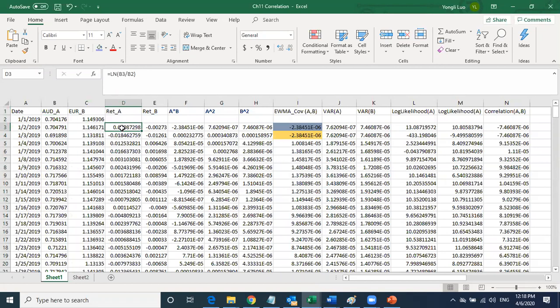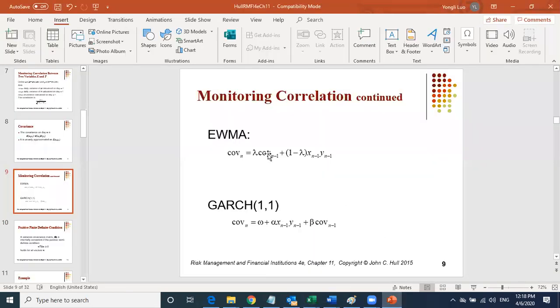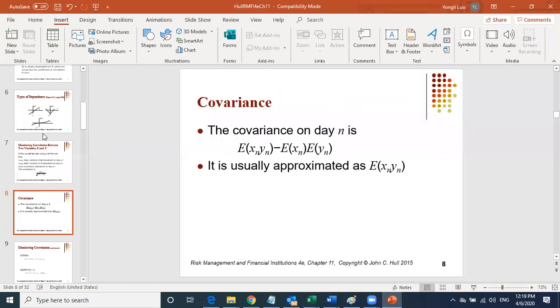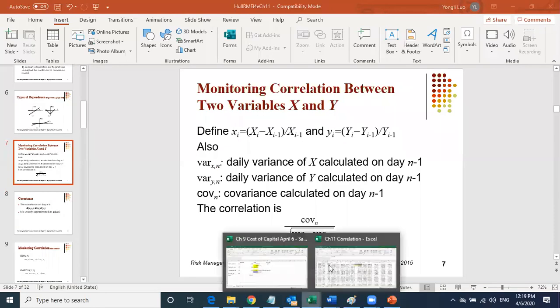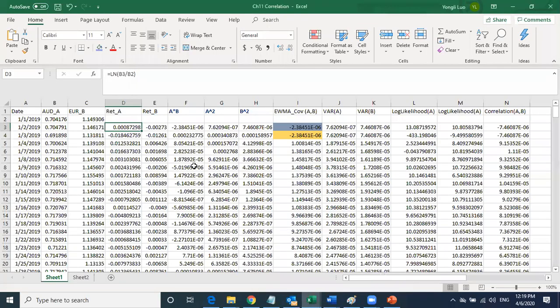You can do it in two different ways. One is x_i minus x_{i-1} divided by x_{i-1}, or you use the one we call the ln.